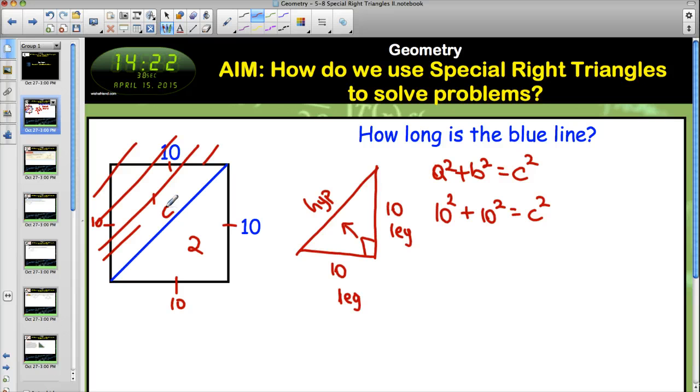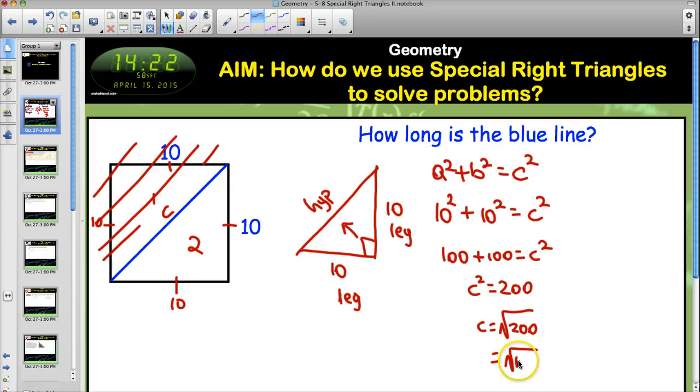So it turns out that this is going to be 100 plus 100. C squared is therefore equal to 200, which means c is the square root of 200. If I have to write this in simplest radical form, I will change this to the product of 100 times 2.